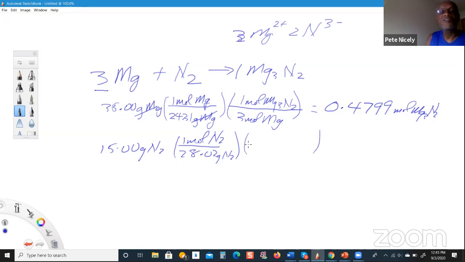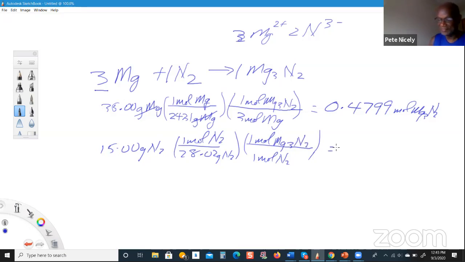And then we convert from moles of nitrogen to moles of magnesium nitride. In this case, it's a 1-to-1 ratio. So we're going to have 1 mole of nitrogen down here, 1 mole of Mg3N2 here.